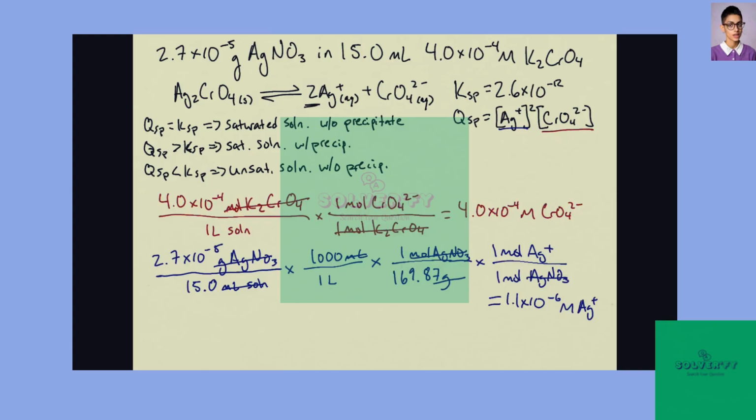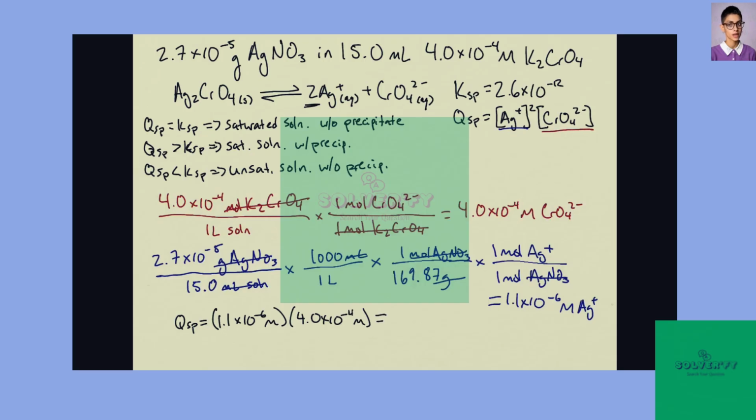And now that we have our concentrations, we can calculate our QSP. So our QSP is equal to the concentration of Ag+, which is 1.1 times 10 to the negative 6th molar, times the concentration of CrO4 2-, which is 4 times 10 to the negative 4th molar.